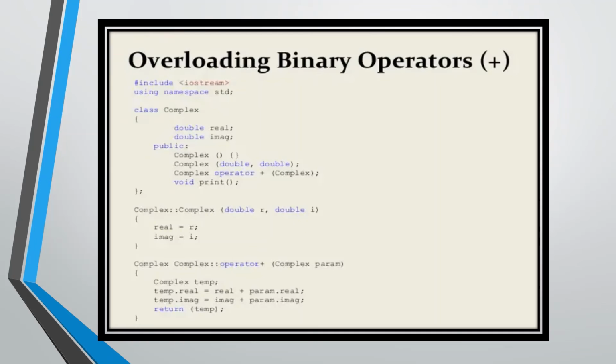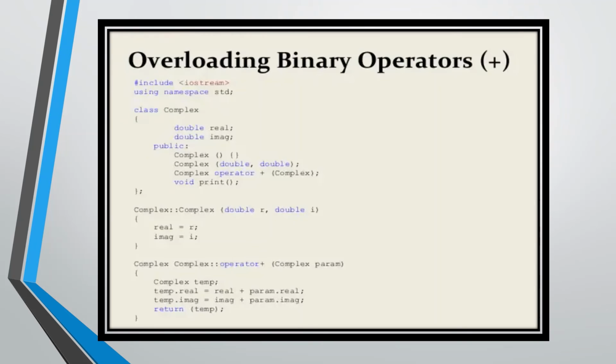The data type for the object is Complex, param is the name of the object. So it is the class Complex and param is the object. Now inside the operator function body we are going to write Complex temp. So here we create one more object, that is temp.